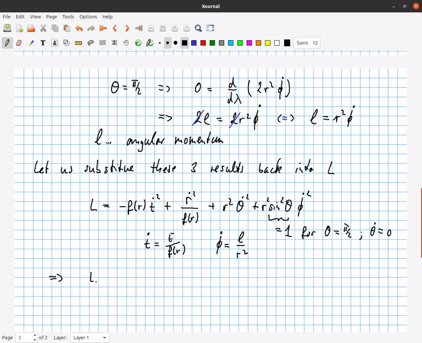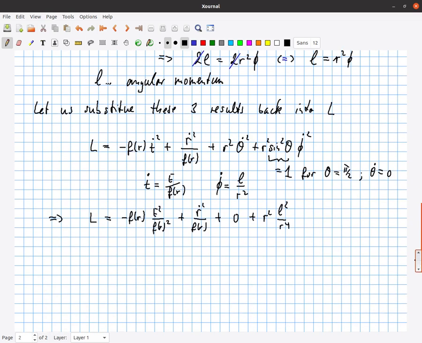Therefore, our Lagrangian, if we substitute everything back in, we have minus f of r e squared over f of r, this whole thing squared, plus r dot squared over f of r, plus 0, because r dot is 0, and then plus r squared, this is 1, L squared over r to the 4, which we can now simplify a little bit.